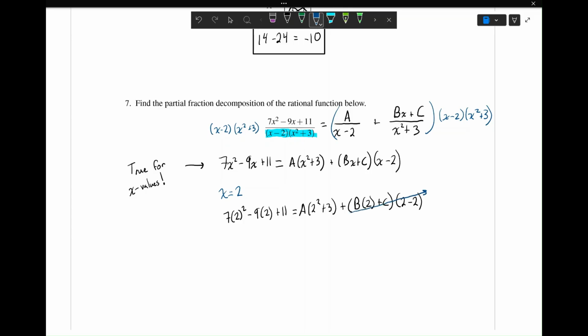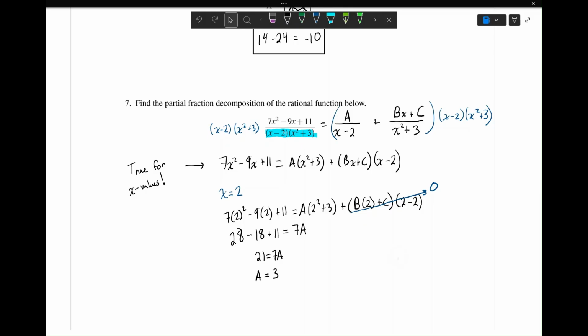So this whole term is going to 0. And now this is a one variable equation just in terms of a. So I end up with 28 minus 18 plus 11 equals 7a. I simplify the left, and that ends up being 21 equals 7a, and a equals 3.